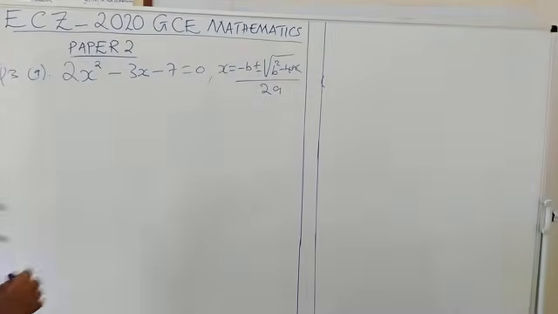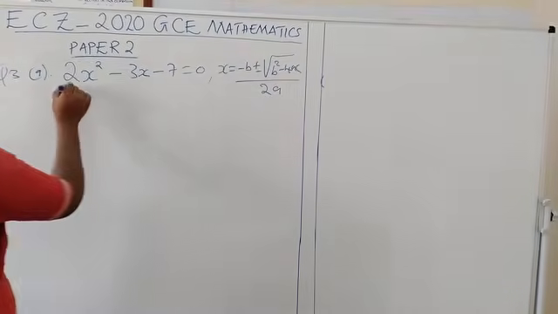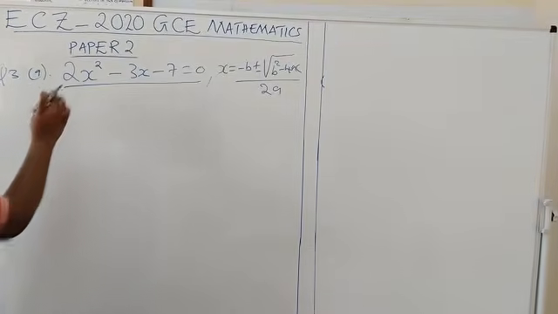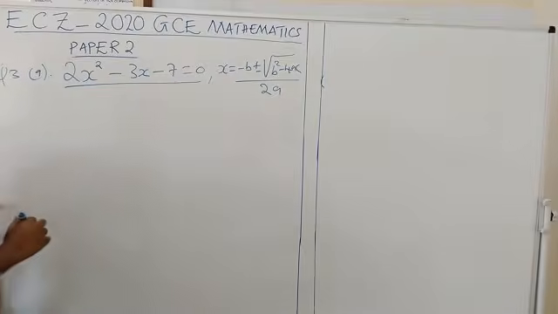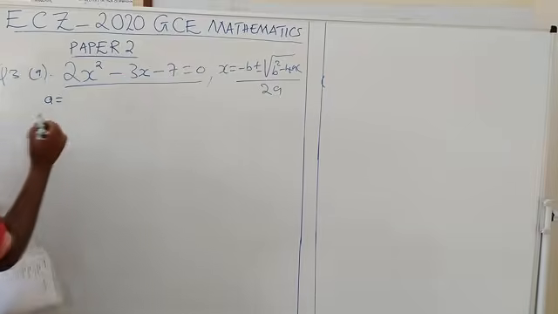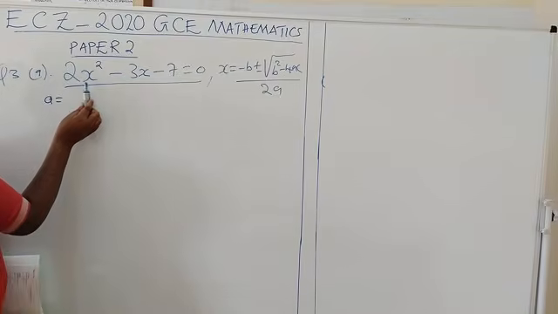Alright? Now, for you to solve this one, you must make sure that the equation is in standard form, meaning that you have got a, b, and c. Then thereafter, you identify these. What is A? A is the coefficient of a variable that has power 2, regardless of the position.